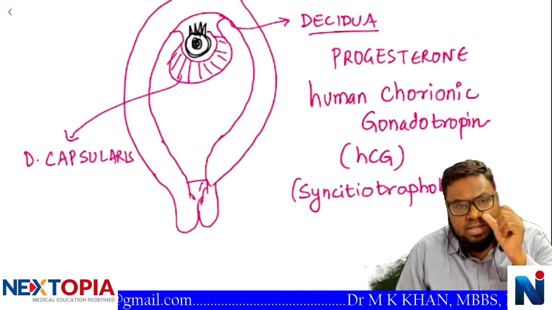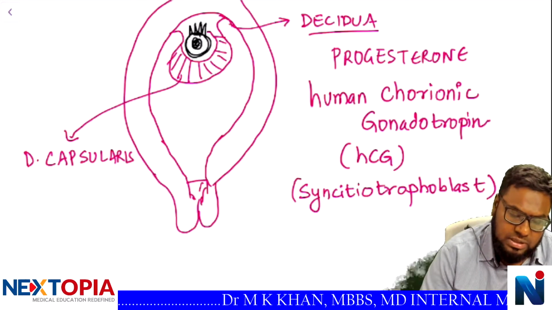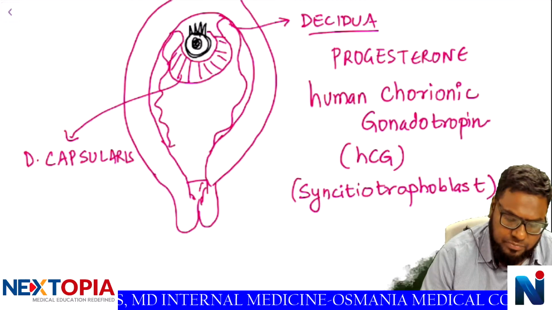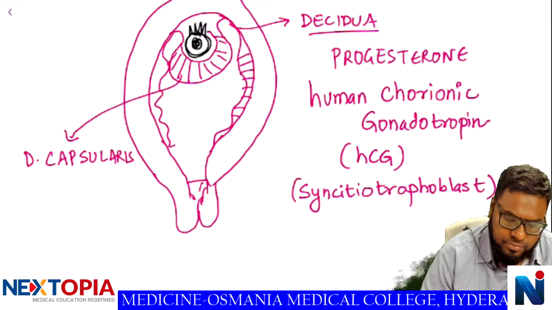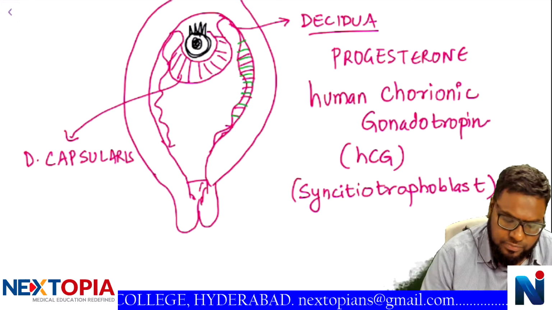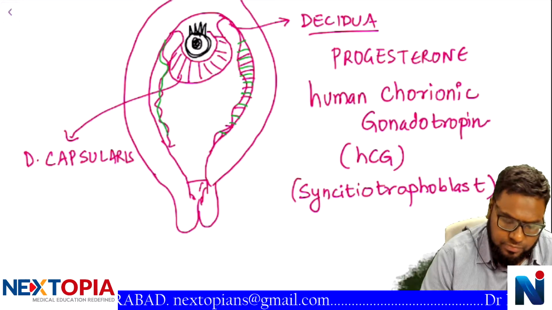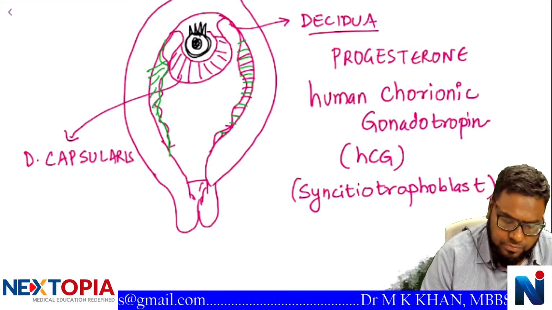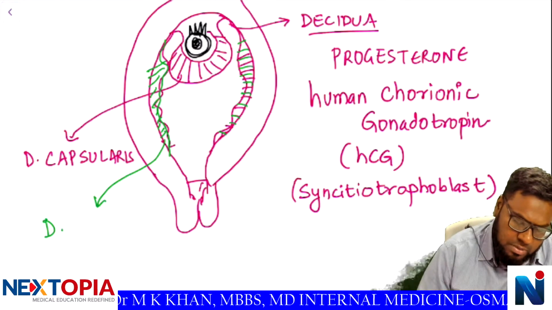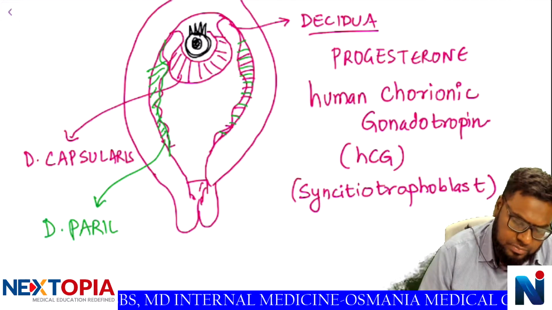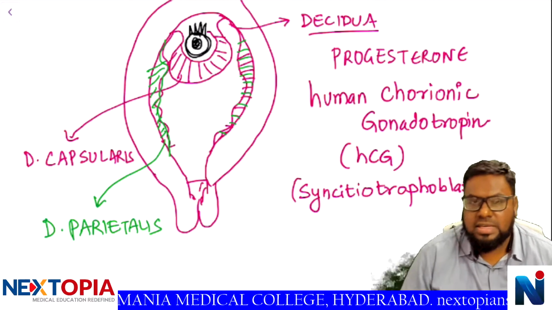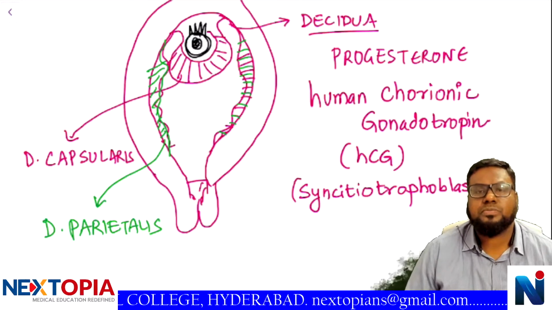The part of the decidua that lines the rest of the uterine cavity, this area, I'll draw it with another color, you call the decidua parietalis. Decidua capsularis and decidua parietalis.